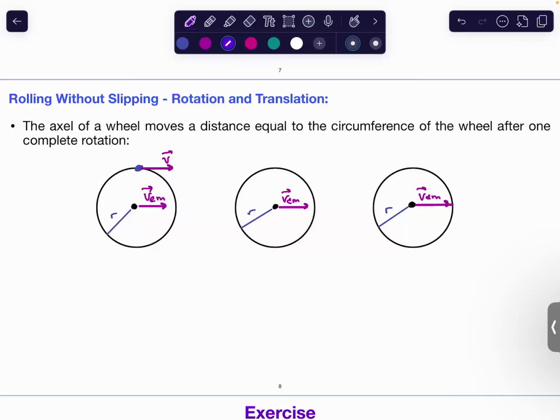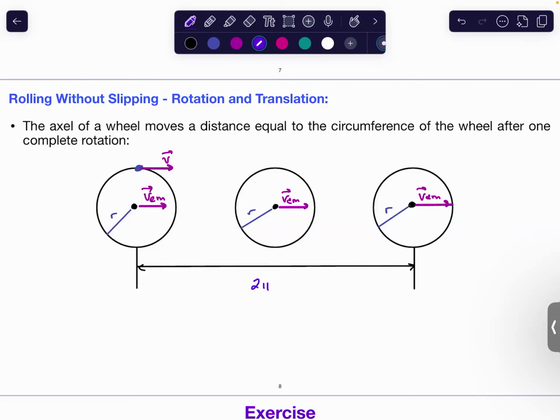Okay, so how do you know when you've marked out a distance? So this is your beginning point, and this is your end point. And what's the equation for the circumference of a circle? Yep, 2 pi r.